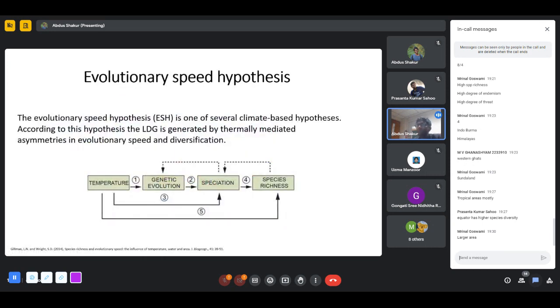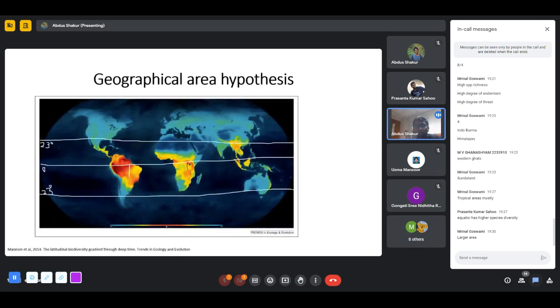The other hypothesis that was proposed was the evolutionary speed hypothesis. It says that higher temperature leads to higher evolutionary speed, due to higher speciation. So where are the areas with higher temperatures? Those are mostly the tropical areas.